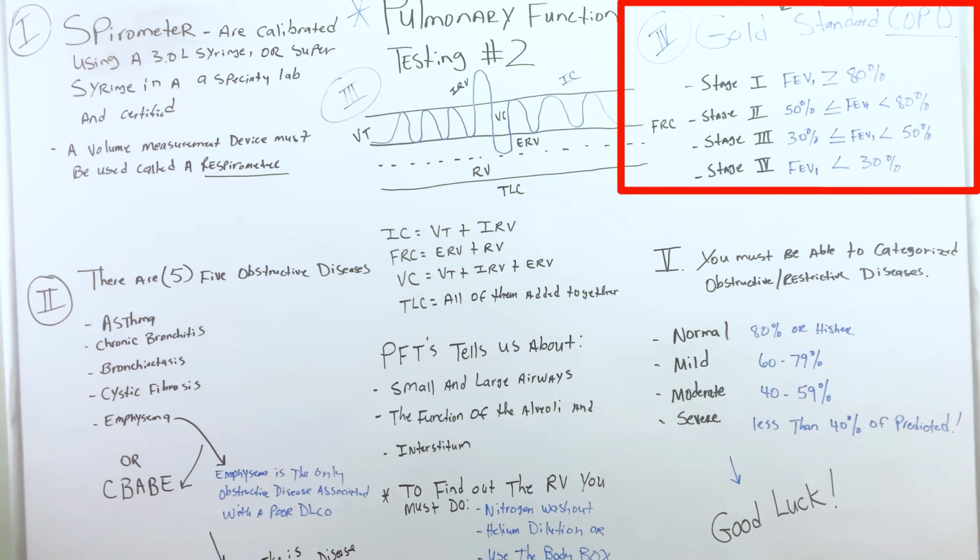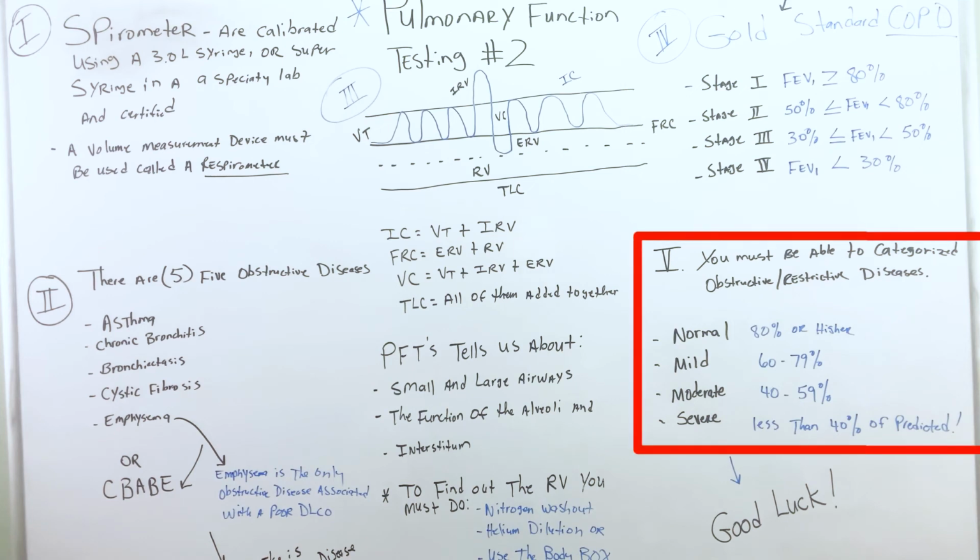Stage 3 is 30% or less, equal or less, and the FEV1 is less than 50%. Severe is stage 4, when the FEV1 is less than 30%. These are the gold standards when it comes to COPD. And yes, you will be asked that on the exam.